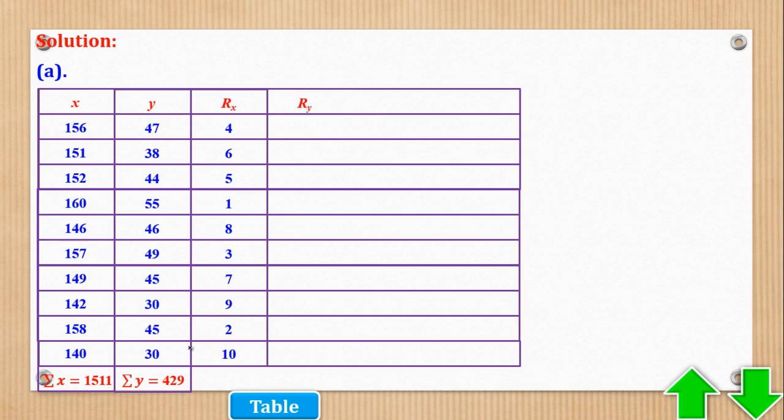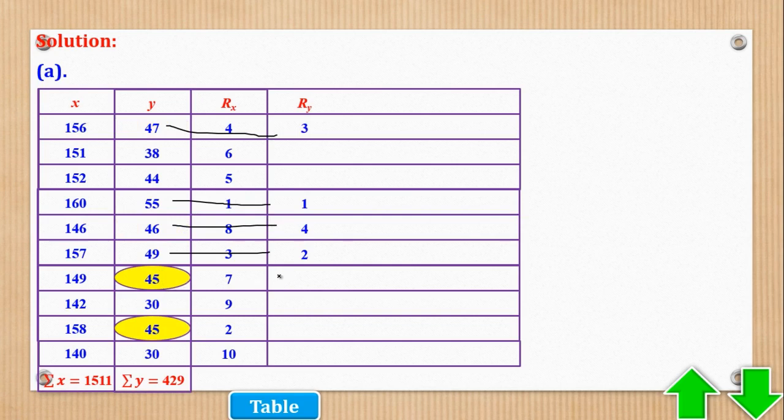What about the values of y? We shall do the same. Descending order, the biggest is 55, it gets rank 1. 49 gets rank 2. 47 gets rank 3. 46 gets rank 4. 45, now there are two 45s.